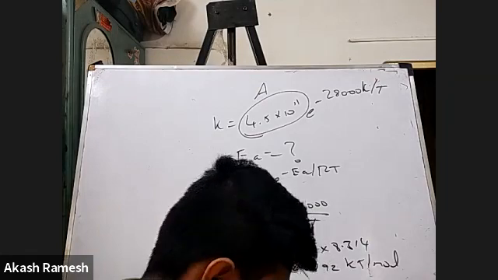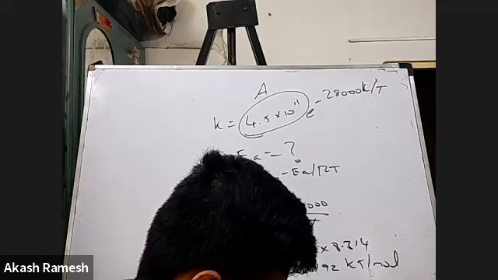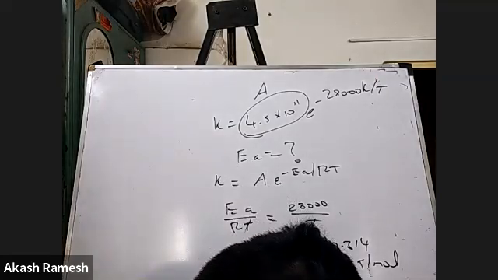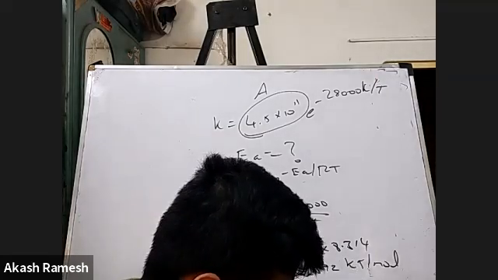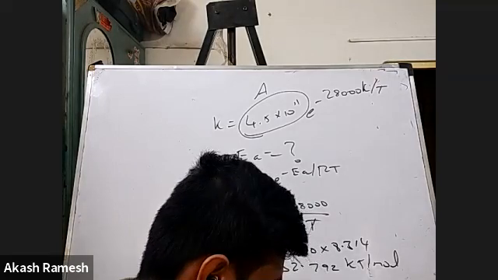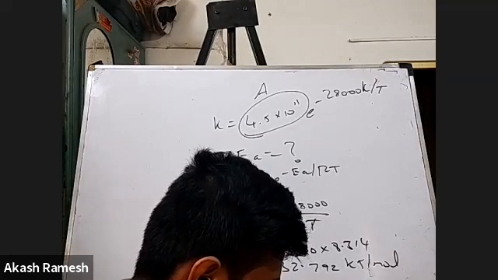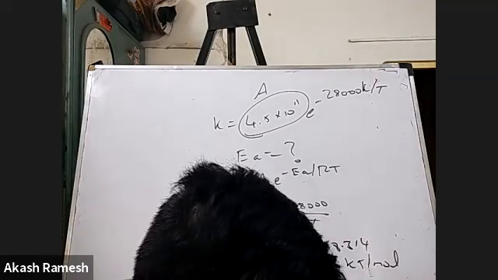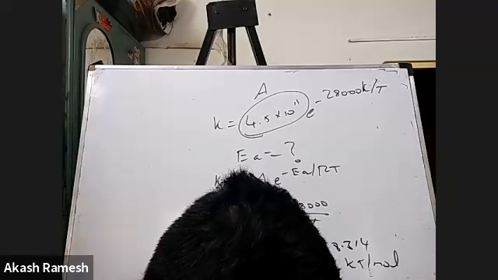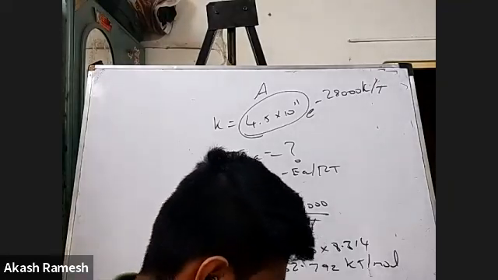At what temperature would K, that is the rate constant, be 1.5 into 10 to the power 4 per second?